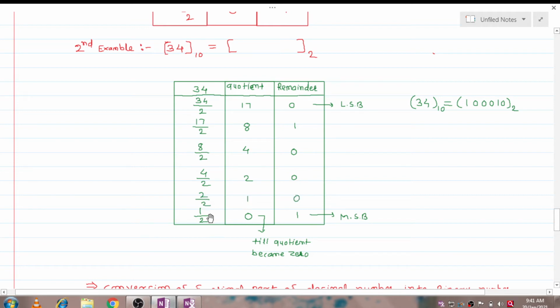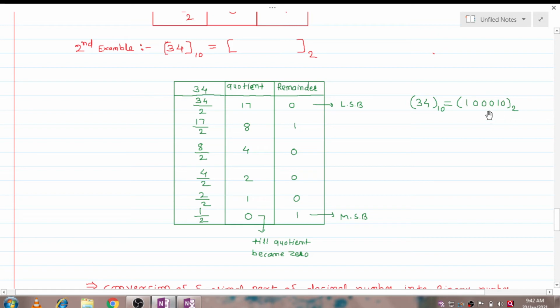Then 1 divided by 2. We continue the calculation till the quotient becomes 0, so the quotient becomes 0 and the remainder is 1. This is the most significant bit and this is the least significant bit, so we write in reverse order. The given decimal number 34 in binary is 100010.